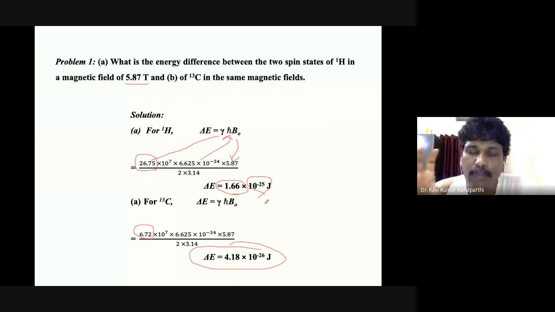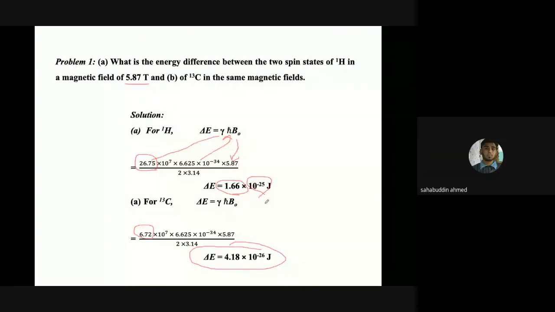What is m? m is the mass of that particular nucleus. For a proton, m is 1 point something, whereas for 13 carbon, m is very high. Something which is increasing in the denominator, naturally the gamma will be reduced. Right, so now I understand.